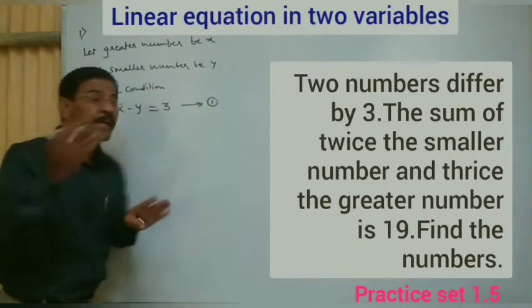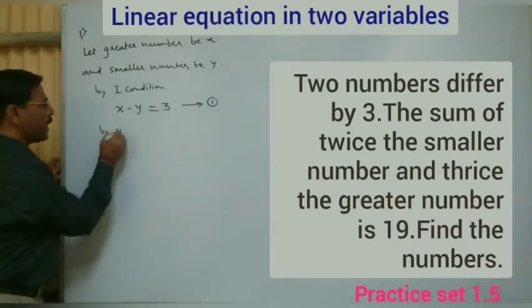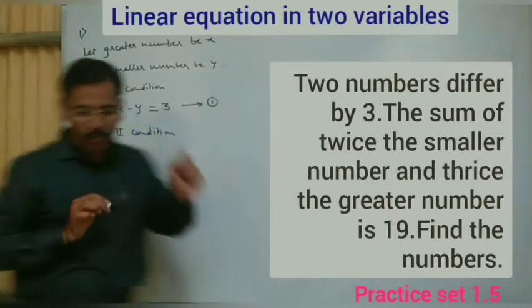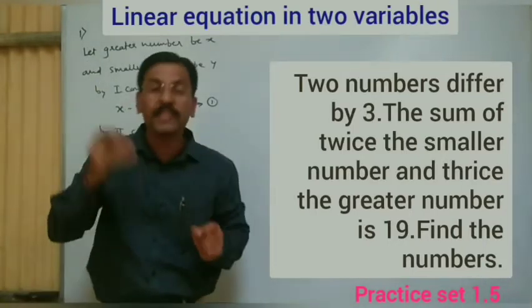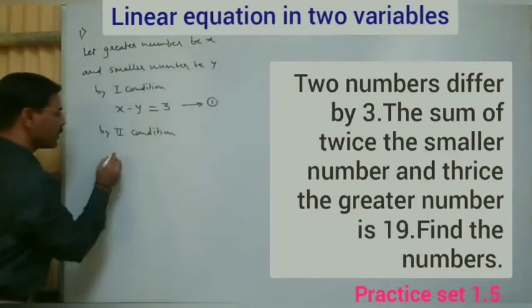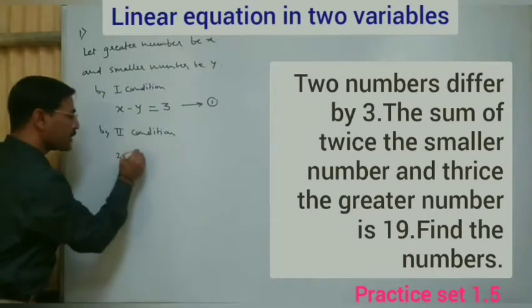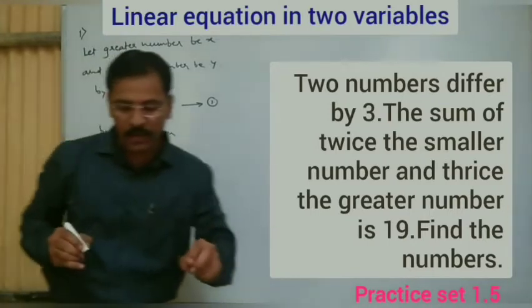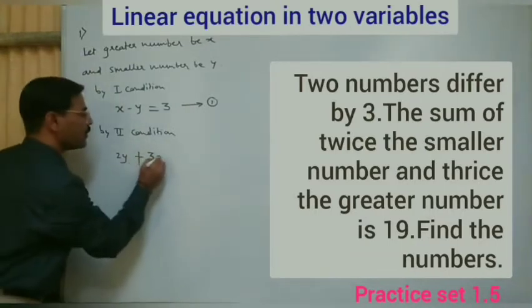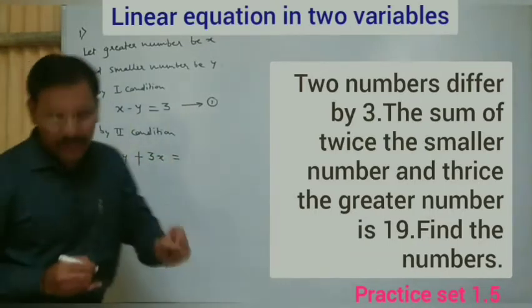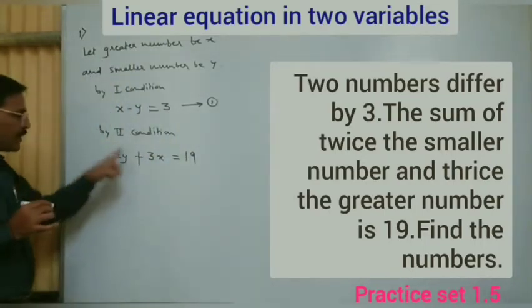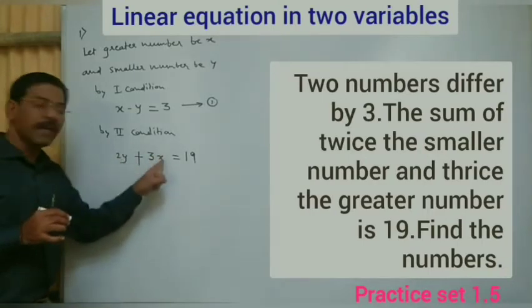Okay, what is the second condition? See here, by second condition, the sum of twice the smaller number and thrice the greater number.